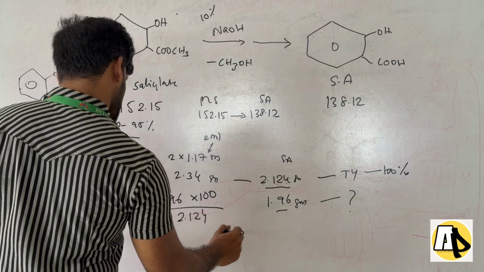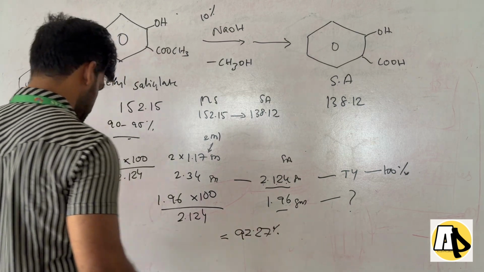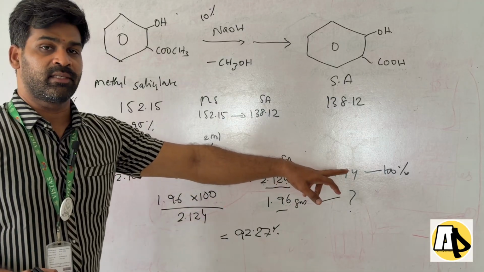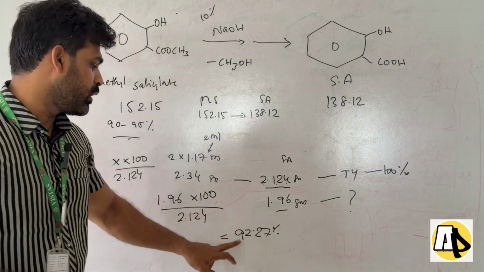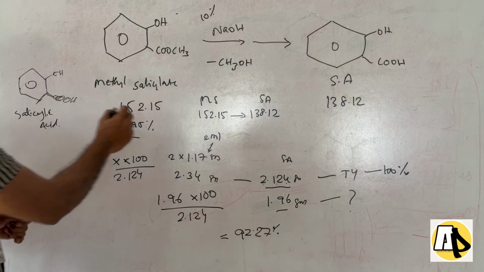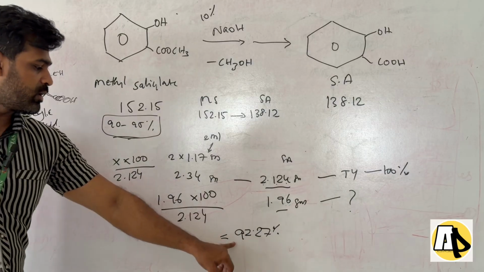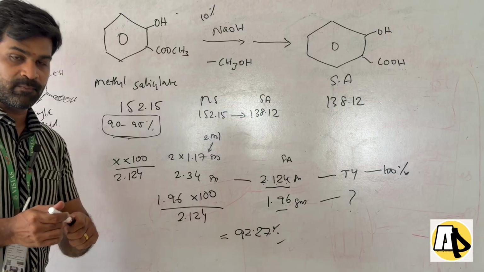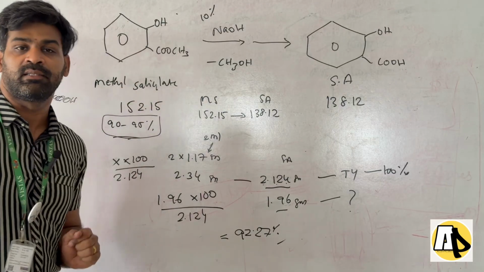It gives 92.27 percent. So as we told, we will get somewhere between 90 to 95. We got 92.27. So our experiment was a success, and the synthesis of salicylic acid from methyl salicylate was successful.